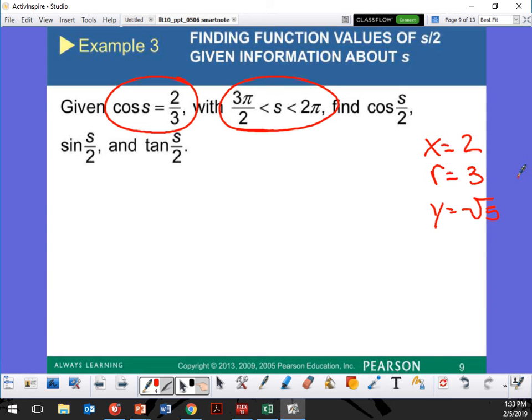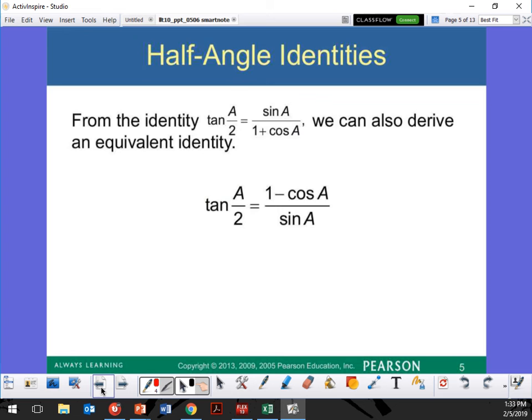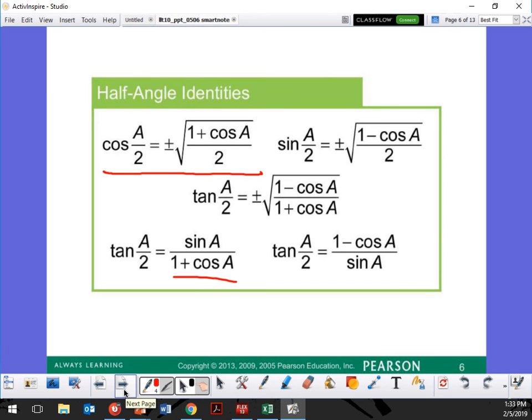So given that, we're going to find cosine of s over 2, or half angle for that. So let's start with one of the cosines. So my cosine formula is there.